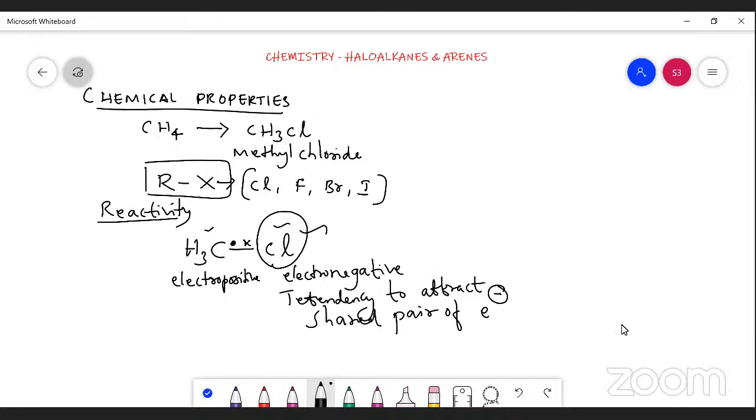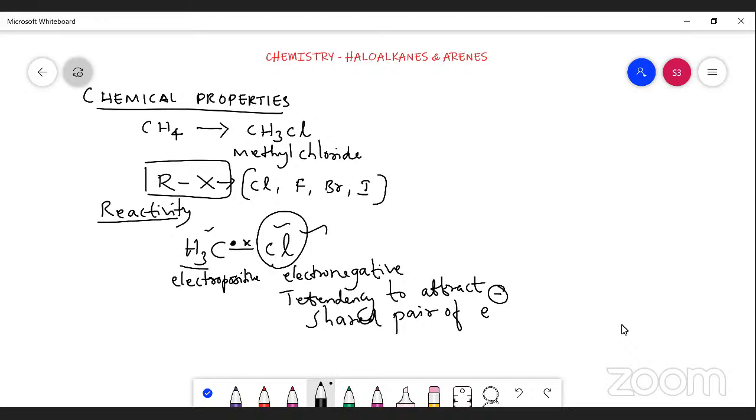We are not talking about the hydrogen bond here. How is the bond formed between carbon and hydrogen? The carbon forms 3 single bonds with hydrogen. So no problem. Between carbon and chlorine, the bond is formed where carbon gives 1 electron and chlorine gives 1 electron.